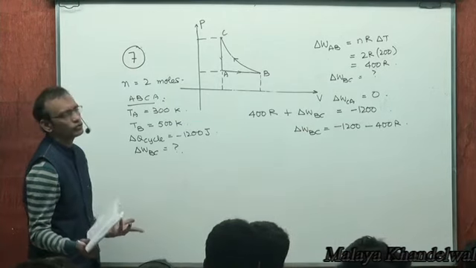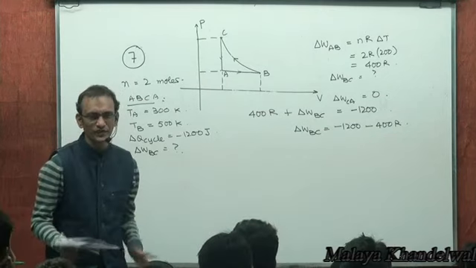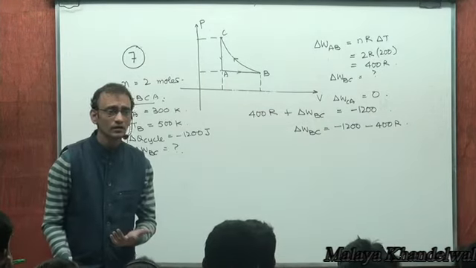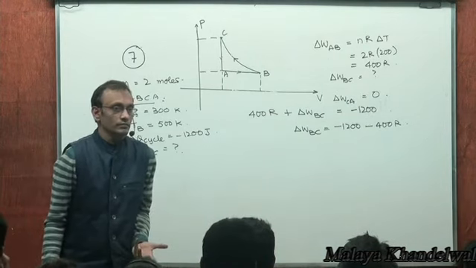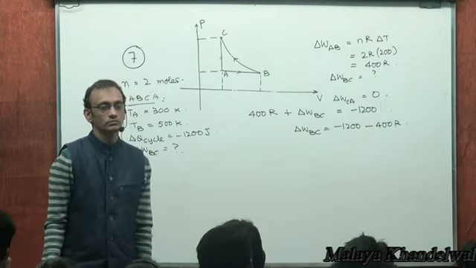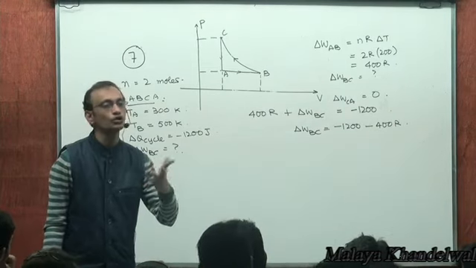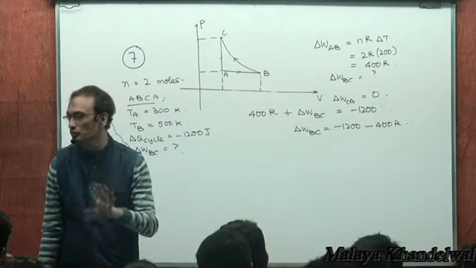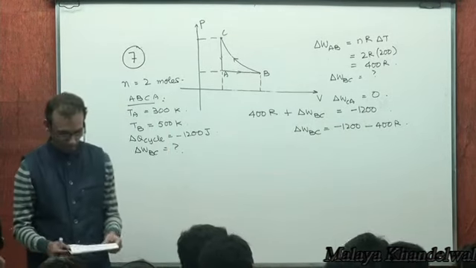No, A to B, he's saying B to C. We do not know about the nature of this process. It could be, but it is not mentioned. Nothing can be said. We can't conclude from the data given about the nature of the process BC. Nothing can be concluded. Right?